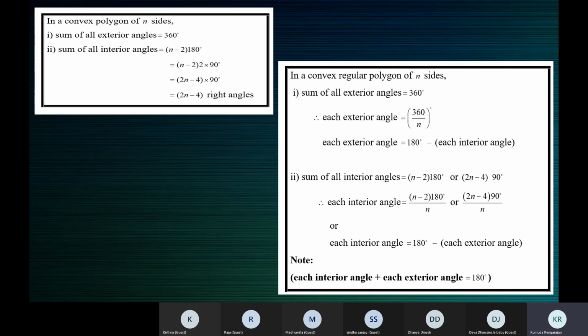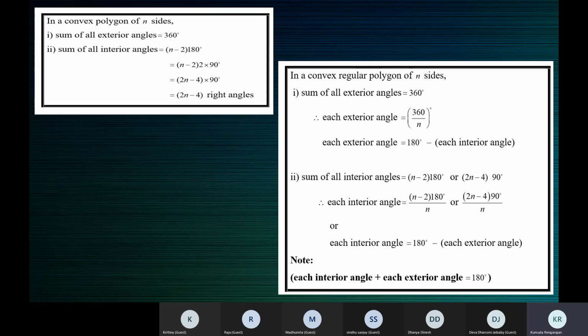So if n is a natural number, 3 or more than 3, then it can form a polygon. If you get a fraction, n is the number of sides, and the number of sides cannot be 5.5 or 6.3.